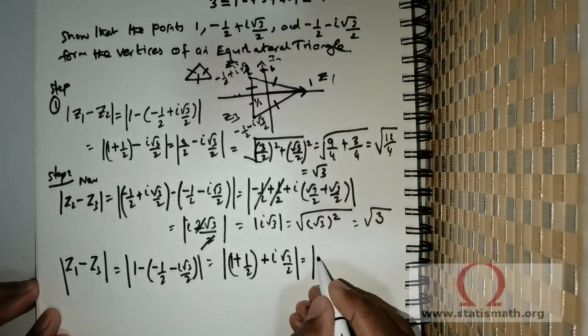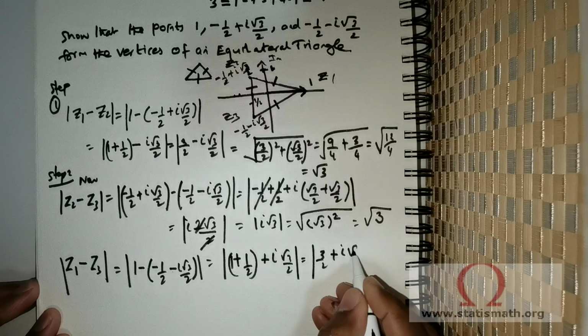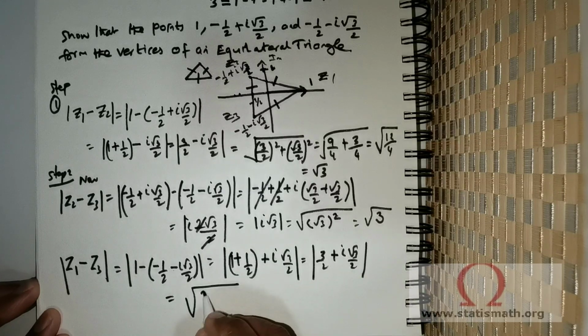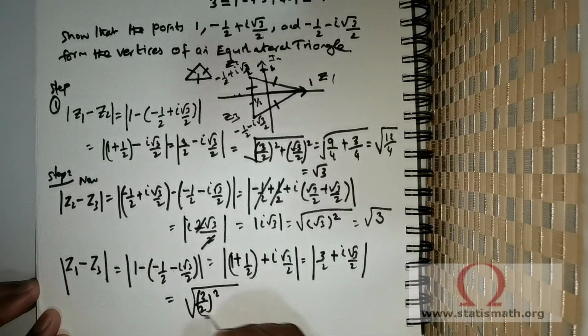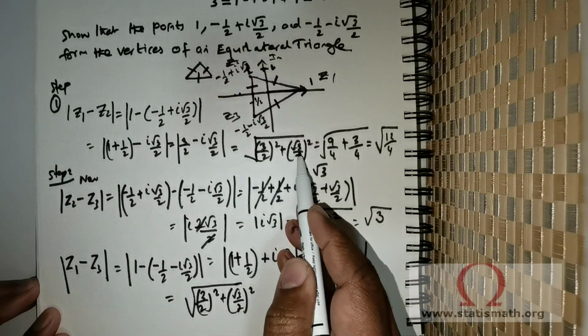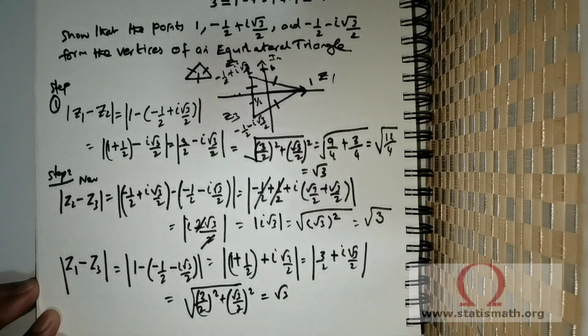So this is the modulus of 3 over 2 plus i times root 3 over 2. If you take the modulus, it's the root of 3 over 2 squared plus root 3 divided by 2, the whole squared. This is exactly the same thing that we got there. So this is equal to root 3.